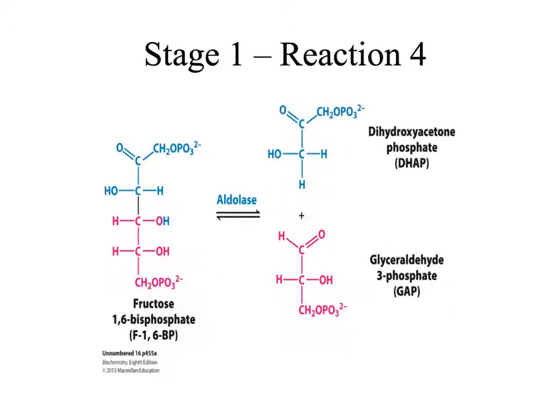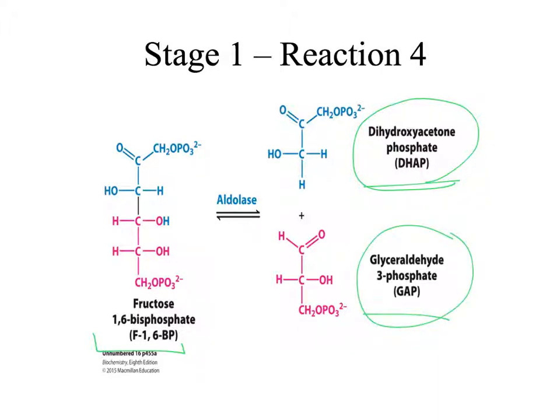That fructose 1,6-bisphosphate is now going to be split into 2 3-carbon substances. We're going to cleave it into dihydroxyacetone phosphate and glyceraldehyde 3-phosphate. And this is going to take place using the enzyme aldolase.